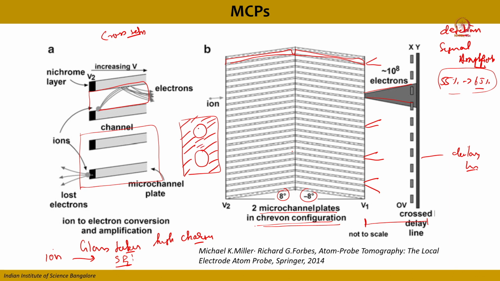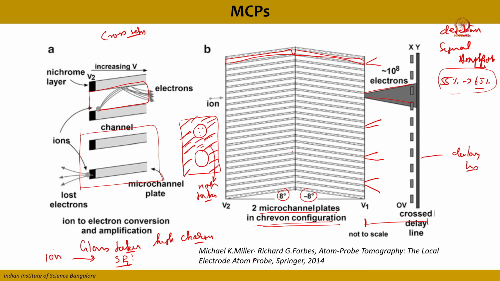Electrons can pass only through the hollow area of the glass tube. So what happens when an ion hits the non-tube area?